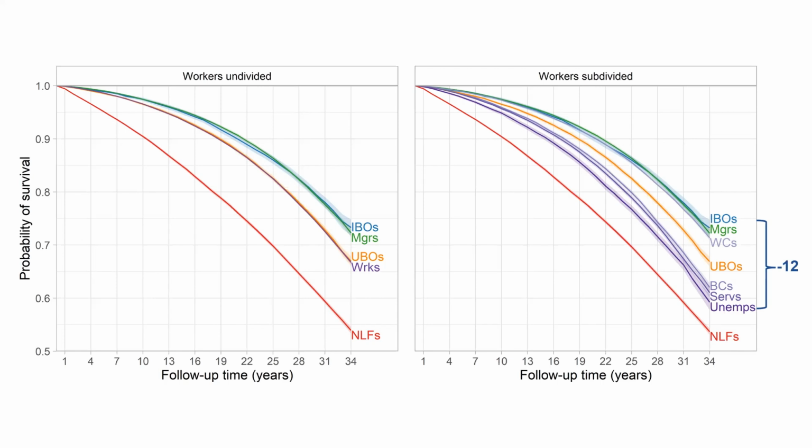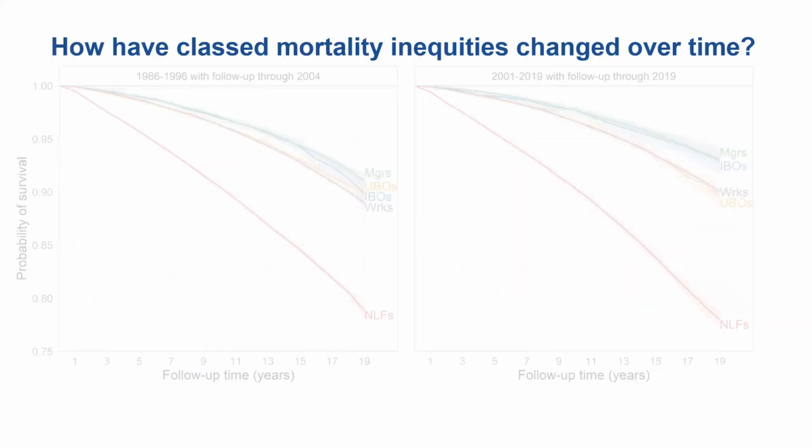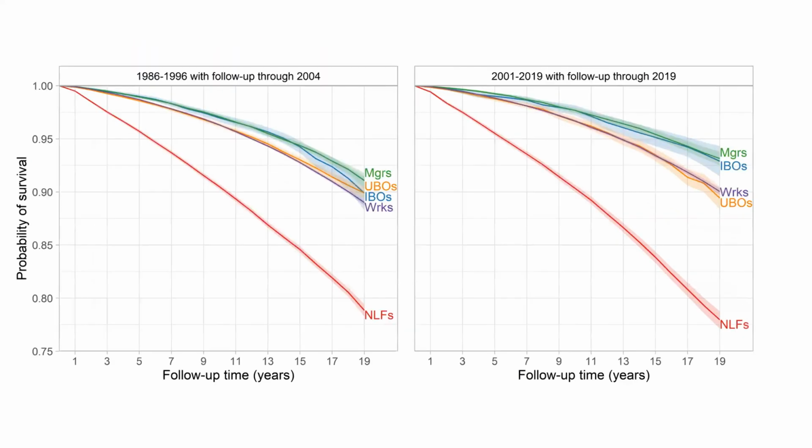Next, how have class mortality inequities changed over time? So the left panel uses our primary measure, but restricts to the 1986 to 1996 waves, while the right panel uses the same measure, but restricts to the 2001 to 2019 waves. In the earlier period, class mortality inequities were small, with workers having a less than 1 per 100 greater mortality rate than IBOs.